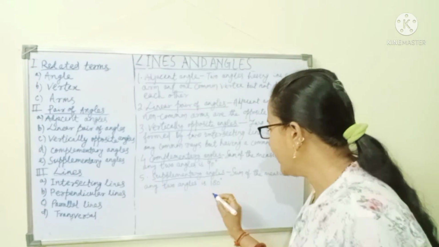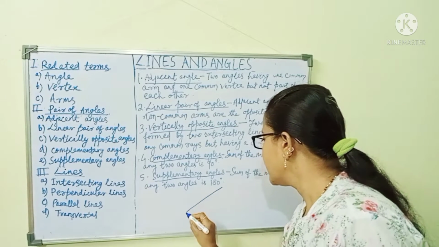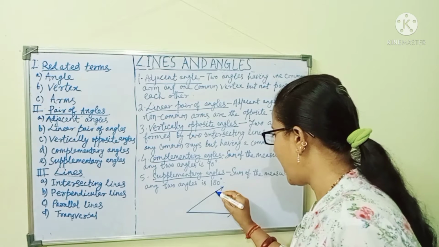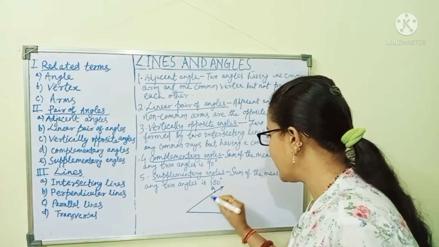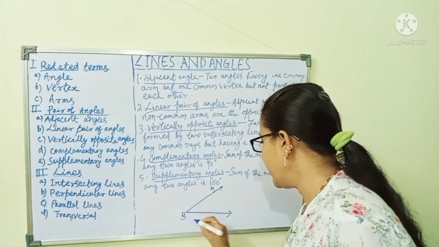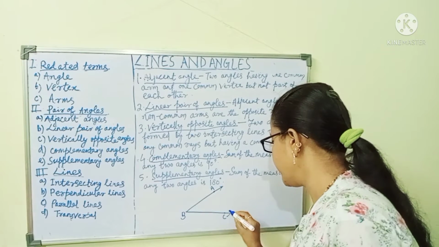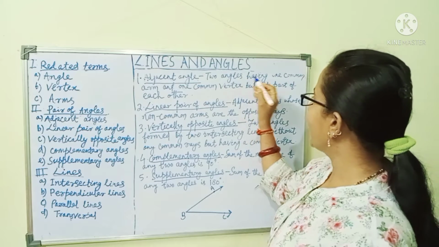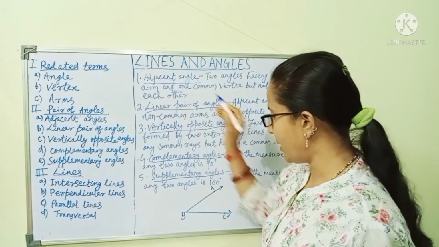What is the adjacent angle? I'll draw one angle here. This is an angle. I'll name it as A, B and C. In this angle, two angles have one common arm.